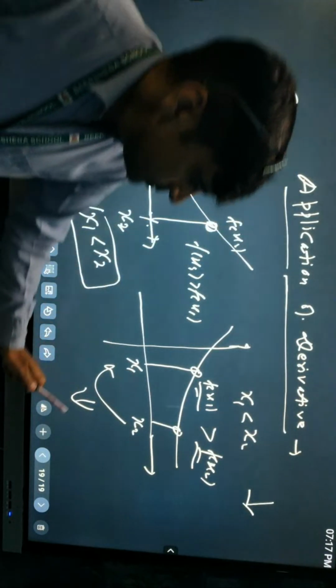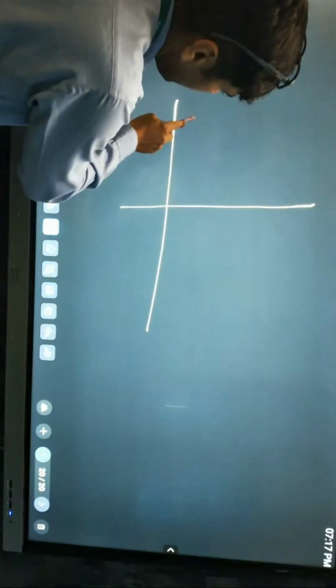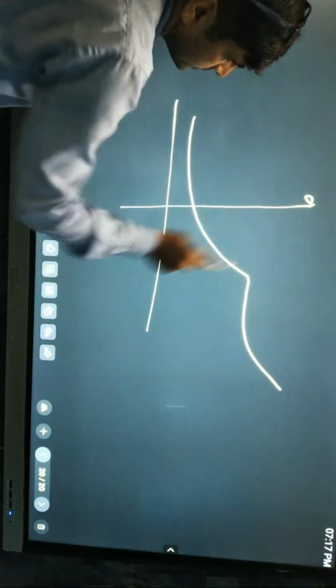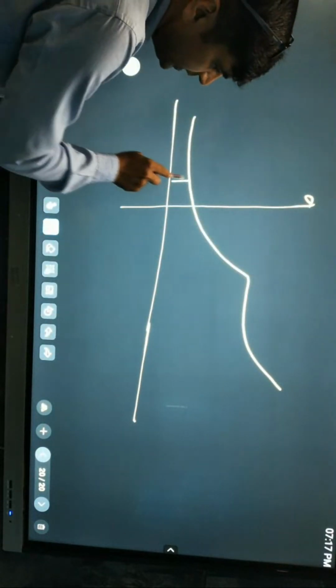Okay. Now one more word. Listen carefully. Suppose the graph like this. In this graph, we choose 2 points.